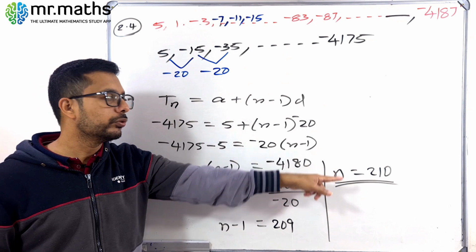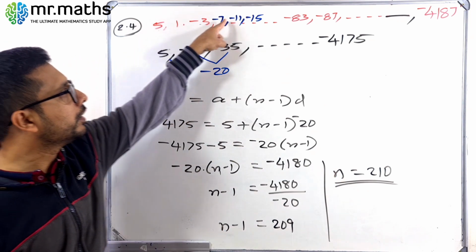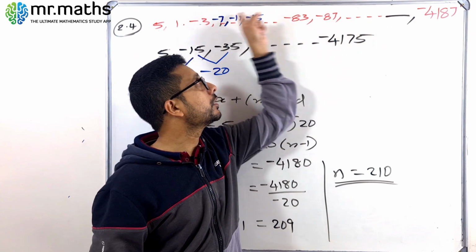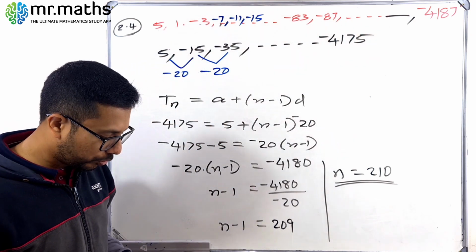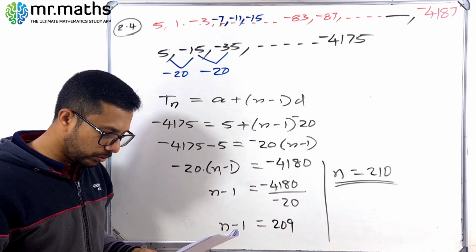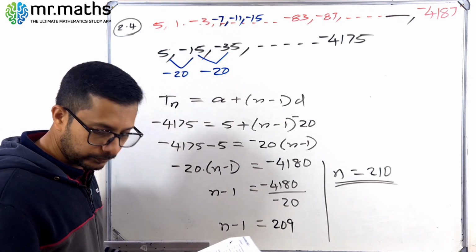So we got 210. That means 210 terms are divisible by 5 in the given sequence. Okay, so that is question number 2.4. Now let's move to the next question, question number 3.1.